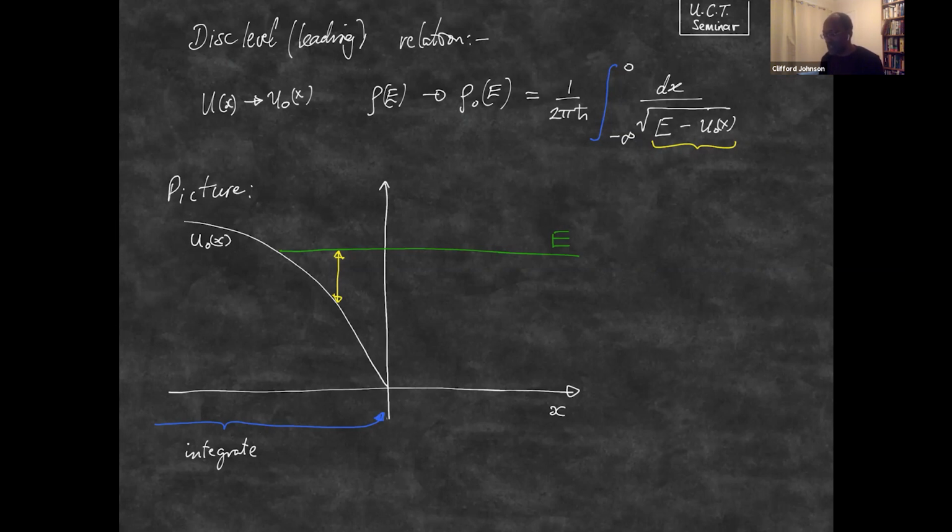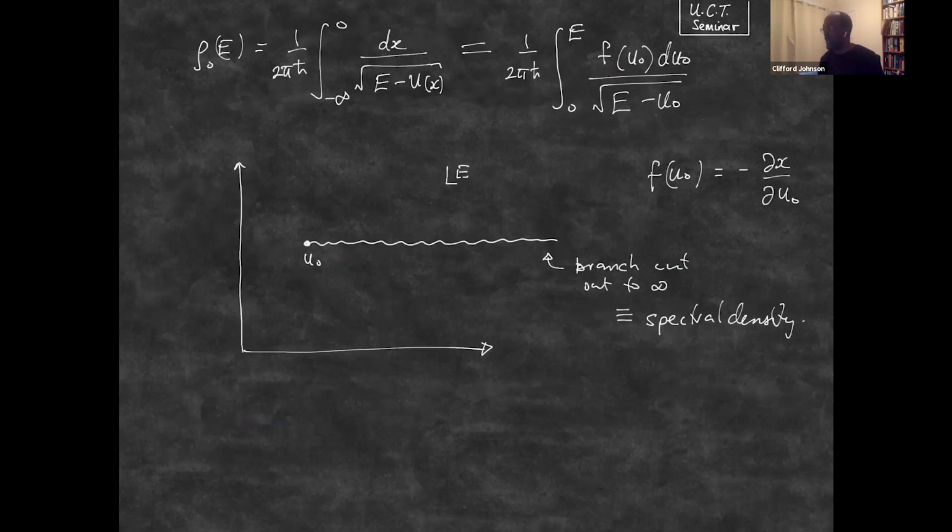And then the integral I do is I integrate from minus infinity all the way up to 0, which is where the potential goes to 0. Or more correctly, I take the real part, so the square root is not giving me an imaginary piece. And if I do that for all energies, I build that function rho of E, which is the spectral density. So that's one way of thinking about that.